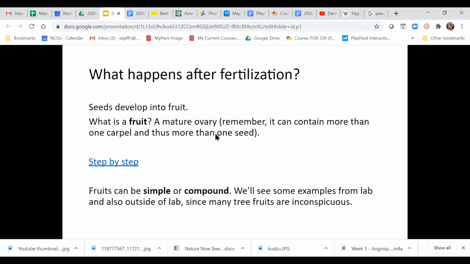Okay, so that sort of took you through, if you had to think about what happens, how flowers develop into fruits. That showed you real quick.